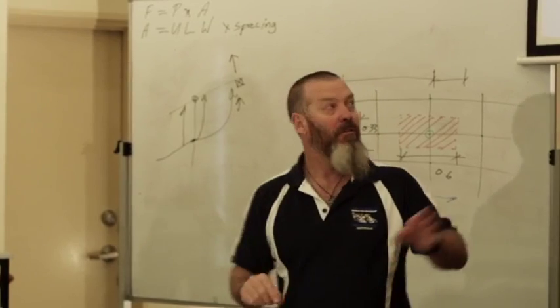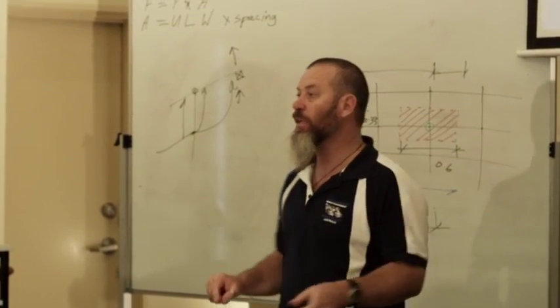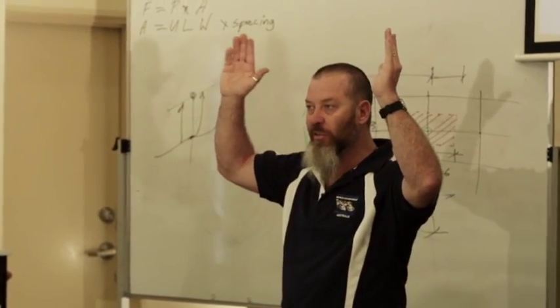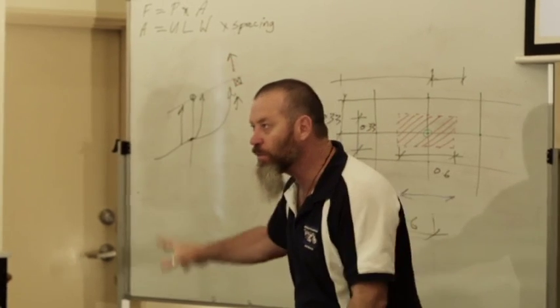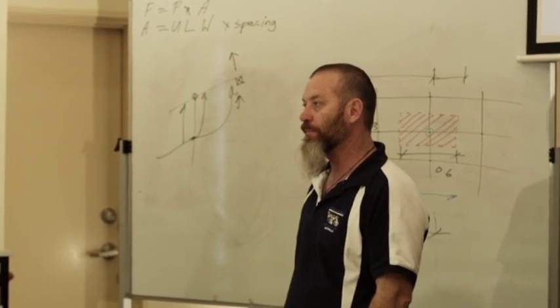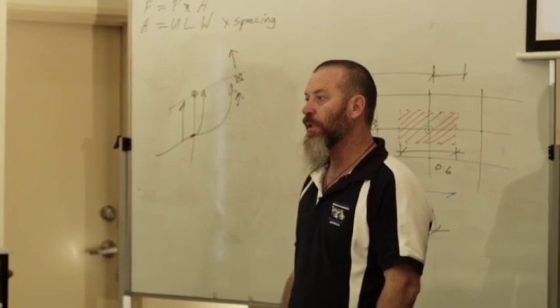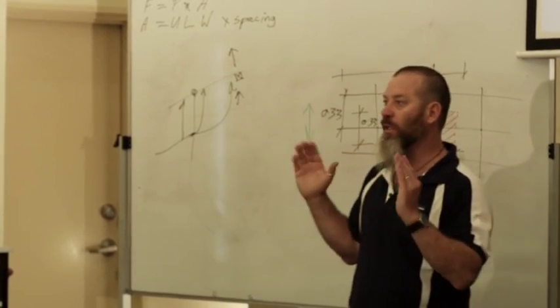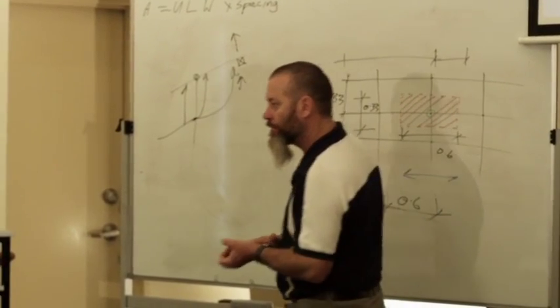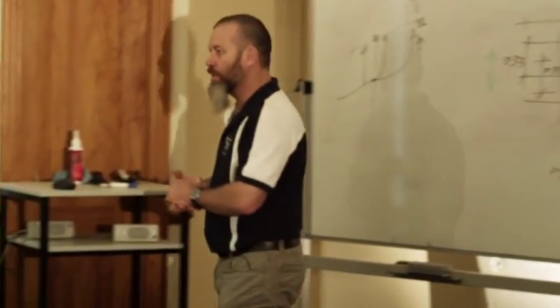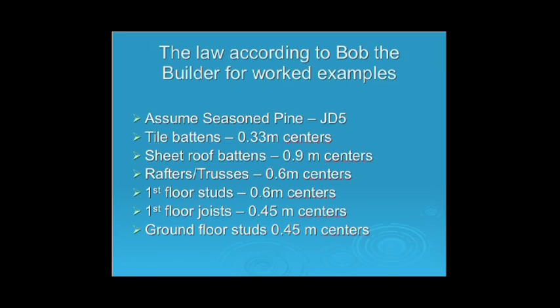So what I'm trying to say is, whatever your ULW is on your top floor, that's what it is downstairs. Okay? The difference is the pressures, but the uplift load width still remains the same. And what you'll notice is I've got my rafters and trusses at 600mm centres, and my first floor studs are 600mm centres.